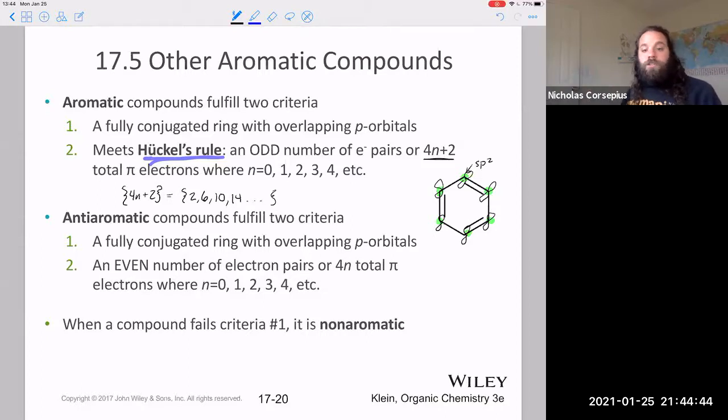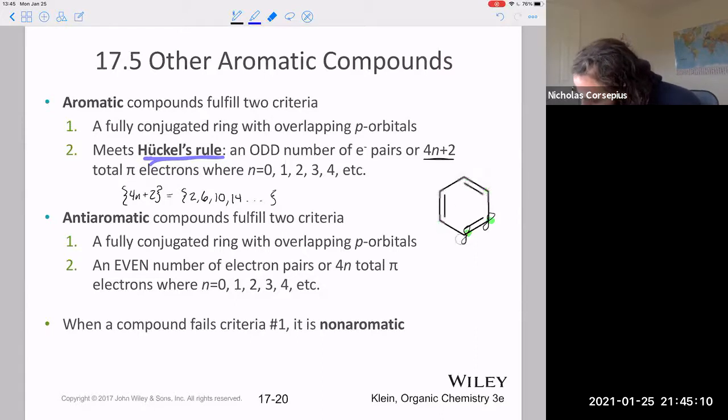So this isn't a math problem. You're not solving for n or anything like that. 4n+2 is a rule, a shorthand for this series of numbers. So basically, in order to be aromatic, you have to have either 2 electrons in the ring, 6 electrons in the ring, 10 electrons in the ring, et cetera.